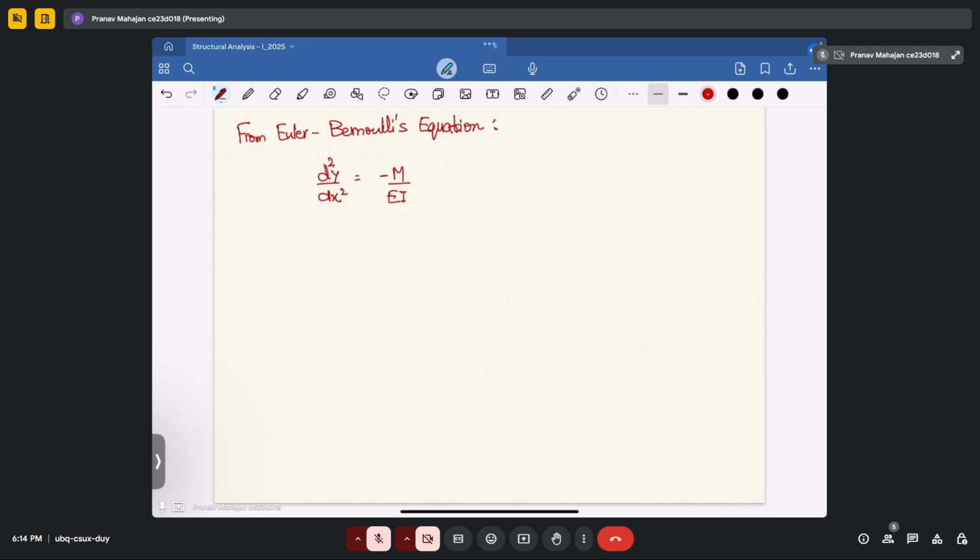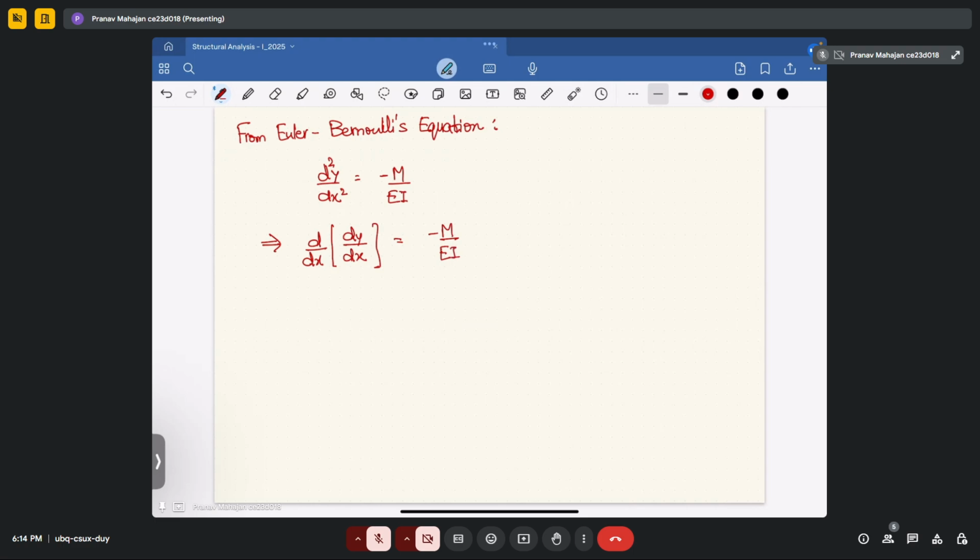You know how it came? Now, if I take one d by dx out, what will come inside? dy by dx. That will also be equal to minus M over EI.